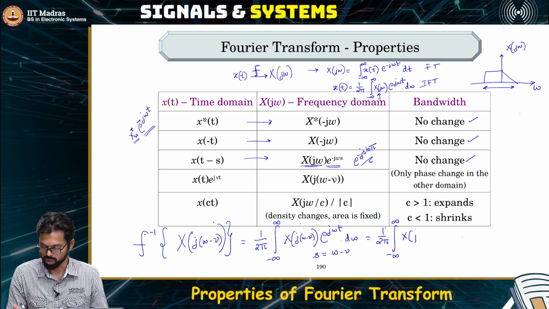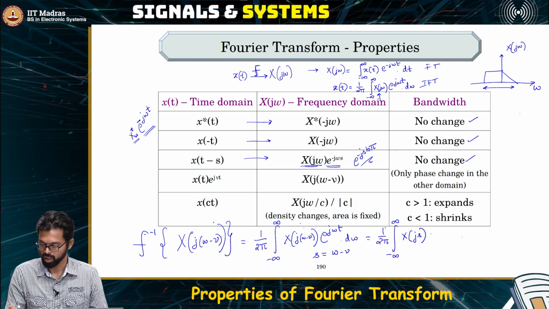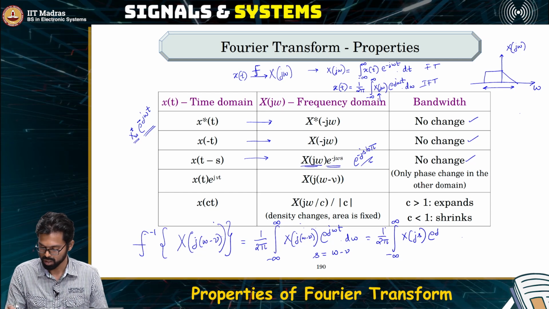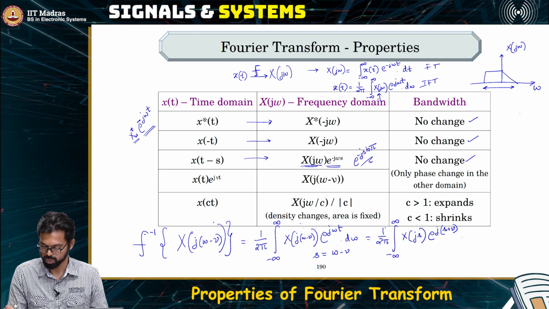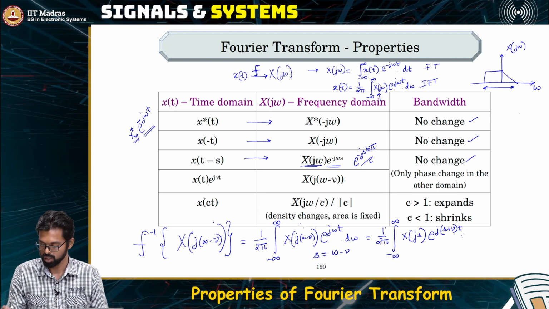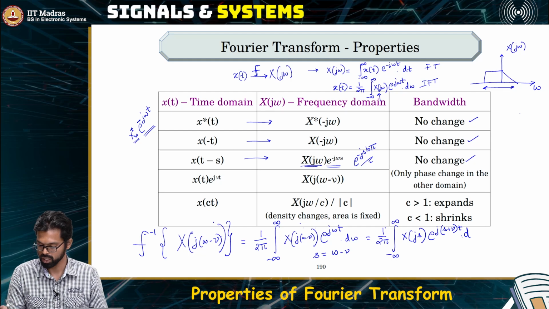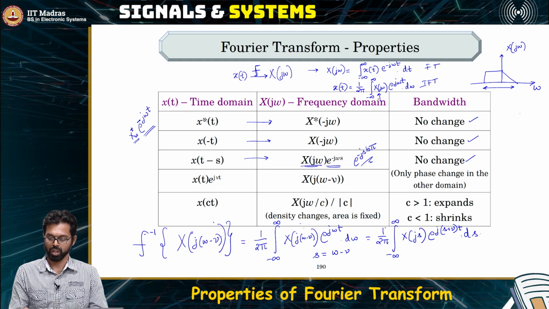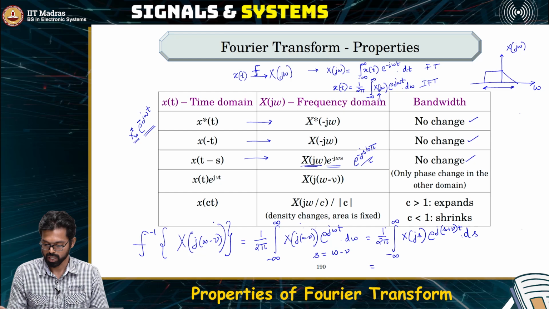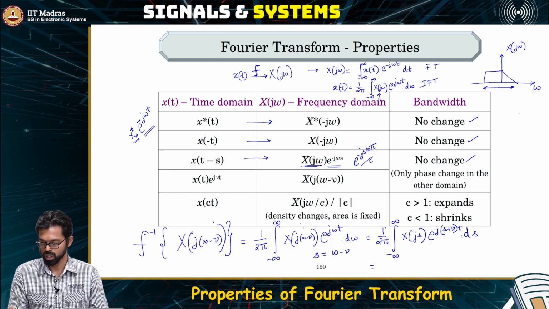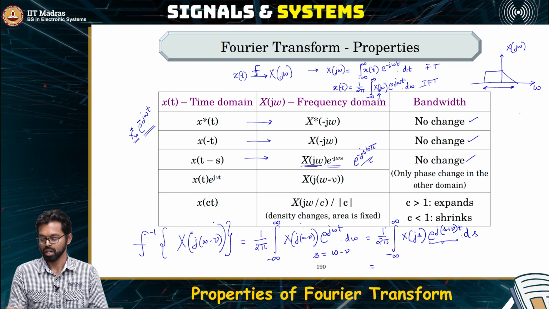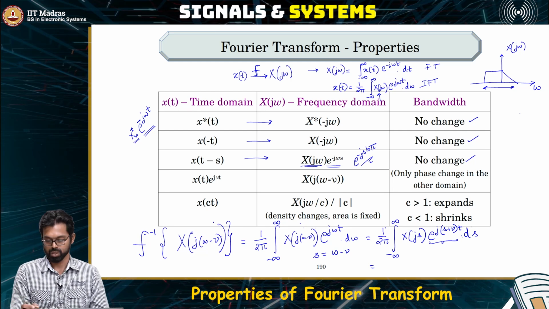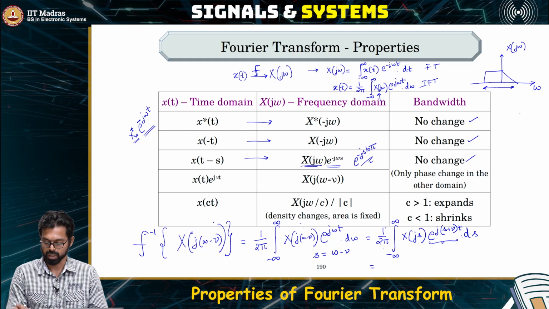So we have X of j s, e power j (s plus nu) t, ds. By the same operation that we did before, take this e power j s t inside and e power j nu t outside, because nu is constant with respect to s.